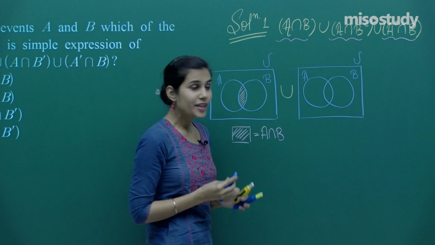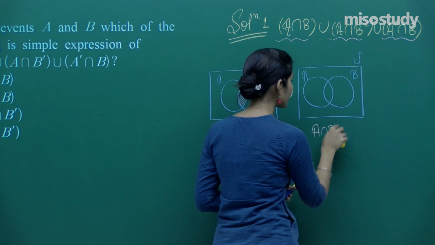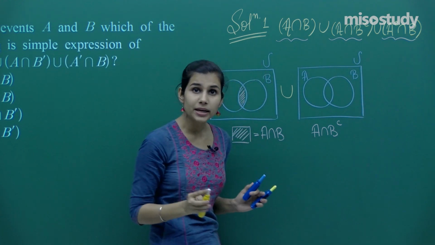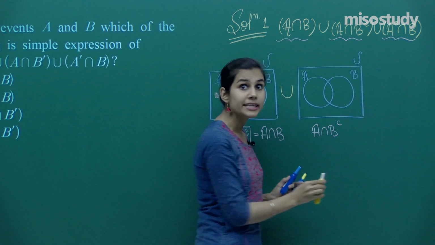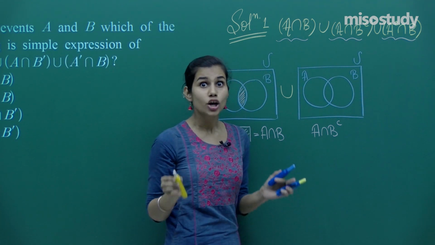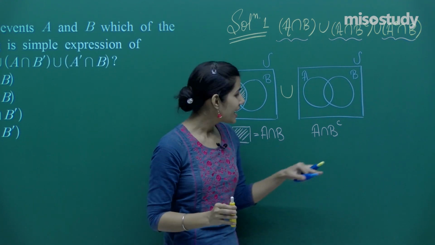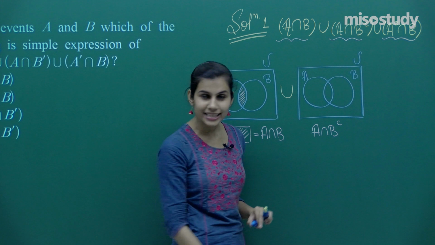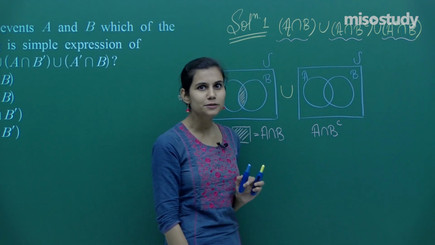You all know that A intersection B complement means members which are sitting inside A and which are sitting inside B complement. But B complement has members means those members are not sitting inside the set B, and therefore A intersection B complement means all the members of A which are not sitting inside B.